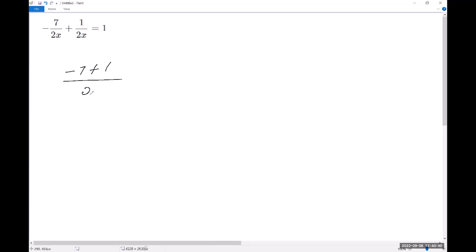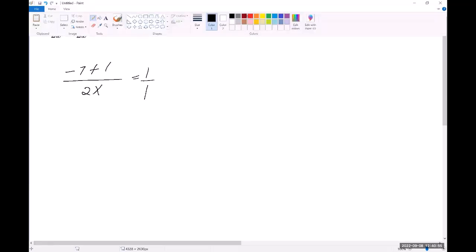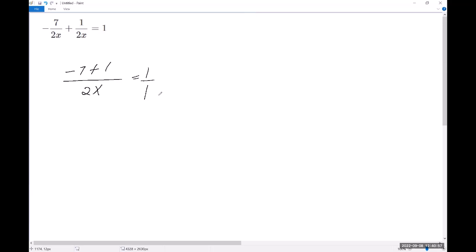So we can just combine them all in under one. And then I'm going to write this as 1 over 1, because I'm just going with the quickest method, which is I can cross multiply.